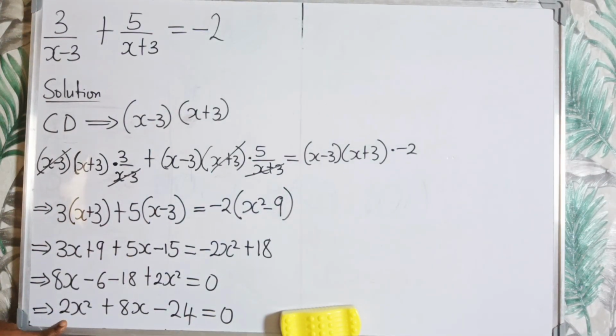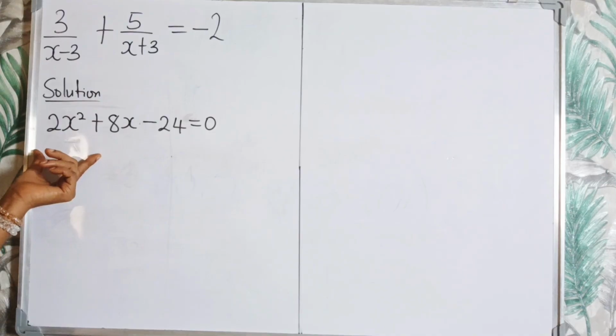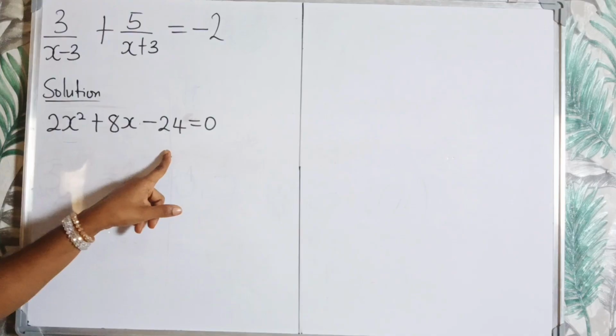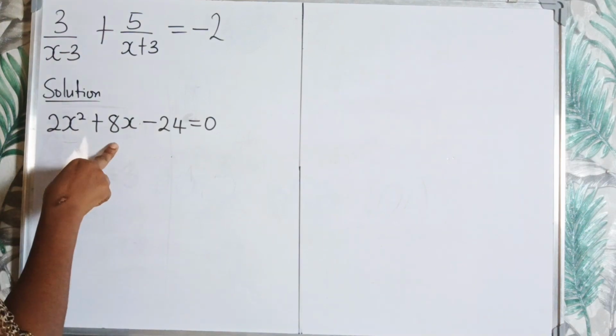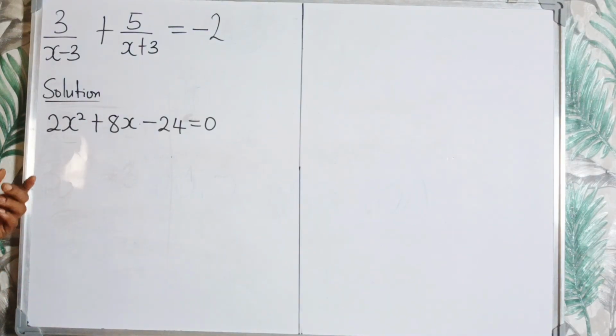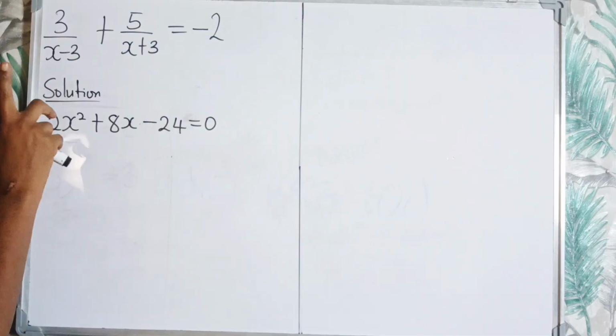So we have arrived at a perfect quadratic equation. After clearing the fractions, we've been able to arrive at this quadratic equation: 2x squared plus 8x minus 24 equals 0. Now we can factorize, but before we do that, if you look at the middle term and our constant, they are both divisible by 2, meaning that we can use the leading coefficient to divide through the equation so that our leading coefficient can be 1.